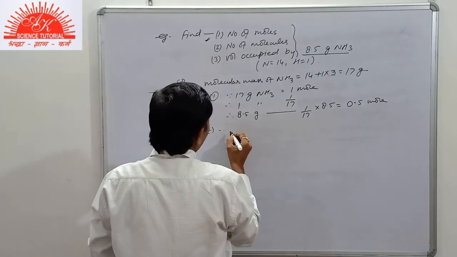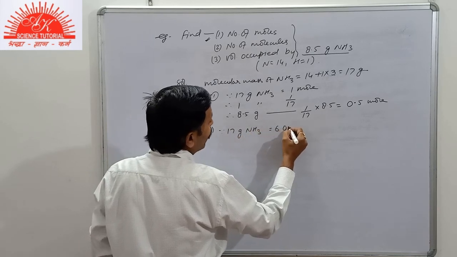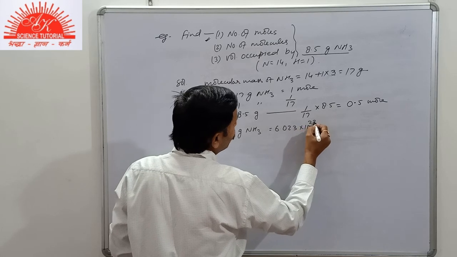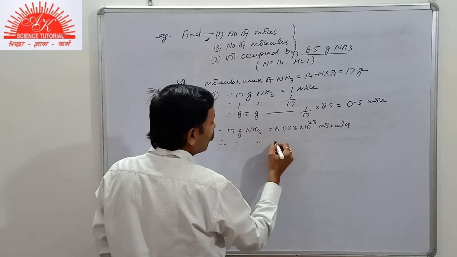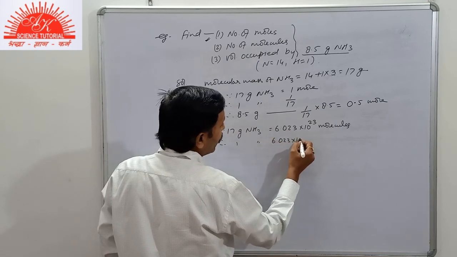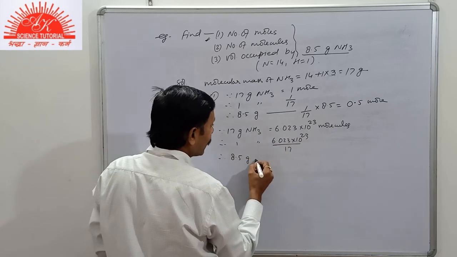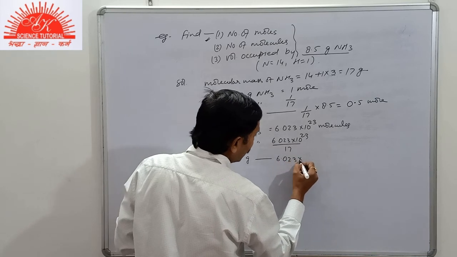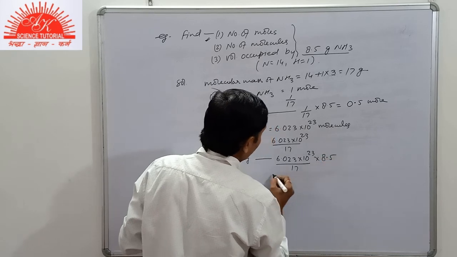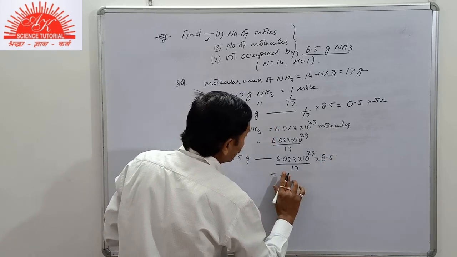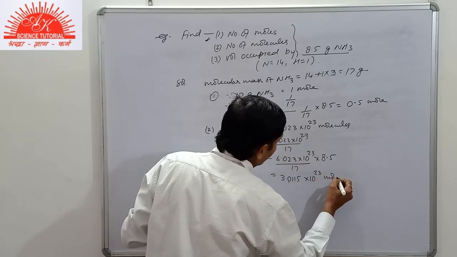So you should write, since 17 gram ammonia has 6.023 into 10 power 23 molecules, then for 1 gram it is 6.023 into 10 power 23 by 17, and for 8.5 gram it is 6.023 into 10 power 23 upon 17 into 8.5. So that will be 3.0115 into 10 power 23 molecules.